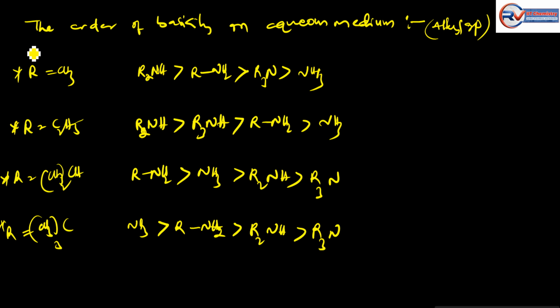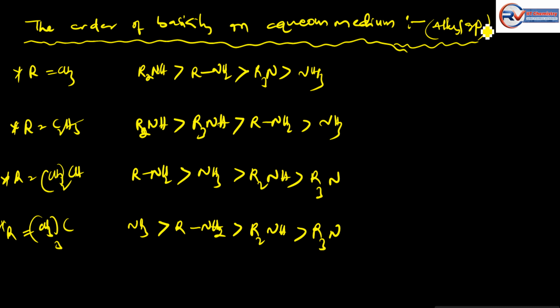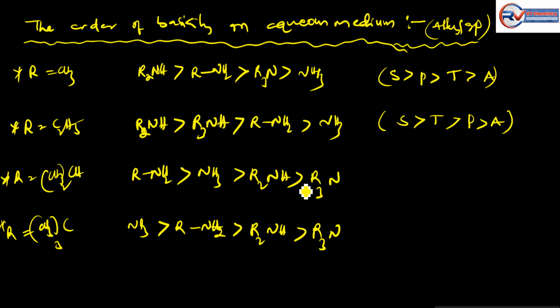The order of basicity in aqueous medium for different alkyl groups: if it is methyl, secondary amine first, after that primary, after that tertiary, after that ammonia. Next, the ethyl group: secondary is greater than tertiary is greater than primary is greater than ammonia.